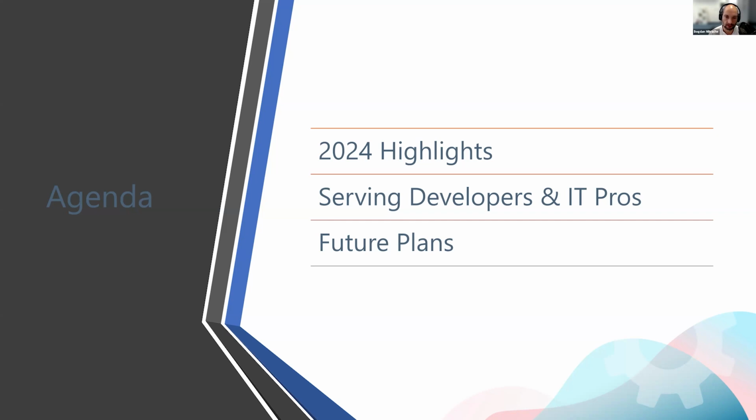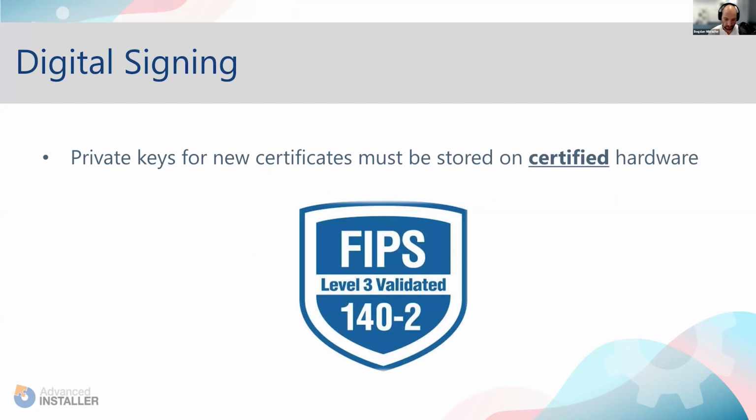So if you want a detailed history of all of those releases, just go on our download page in the version history section, and you'll find there all the details on the changes, if something specific is of interest to you. I'm going to start with the most important topic.